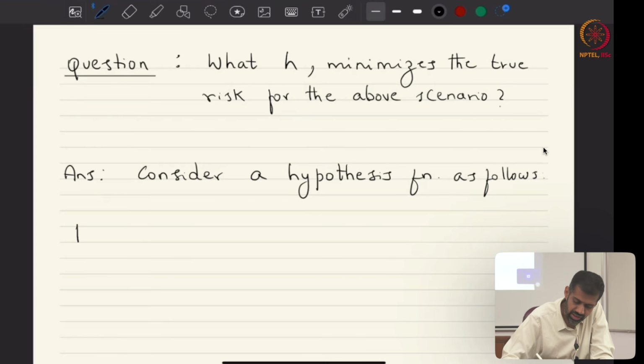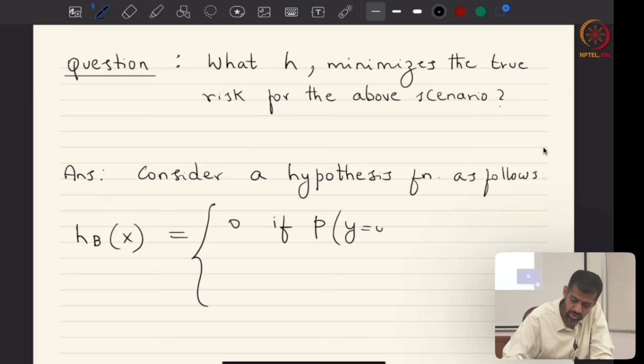So let's call that h_B of x. This is the definition of this function: it is equal to class 0 if the posterior of y equal to 0 given x is greater than the posterior of y equal to 1 given x. It chooses the other class otherwise.